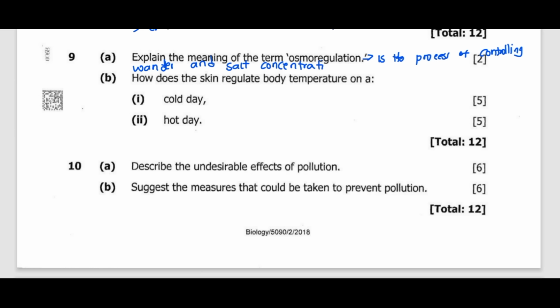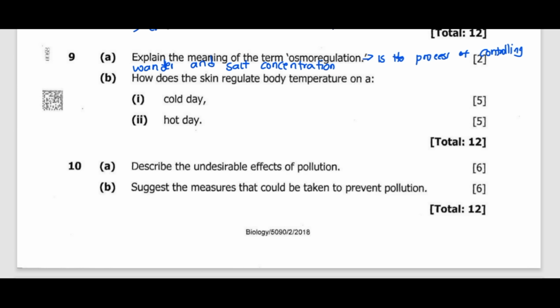So if you look at the process by which the body, or the changes that occur in the body, so that the salt ions, even water molecules, are being balanced, is what we call osmoregulation.